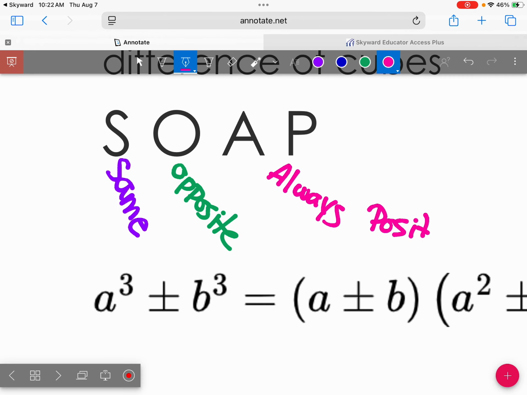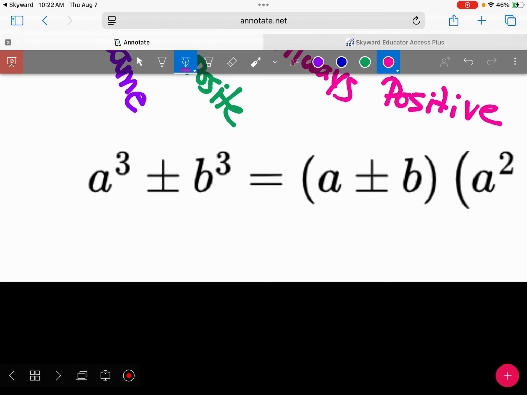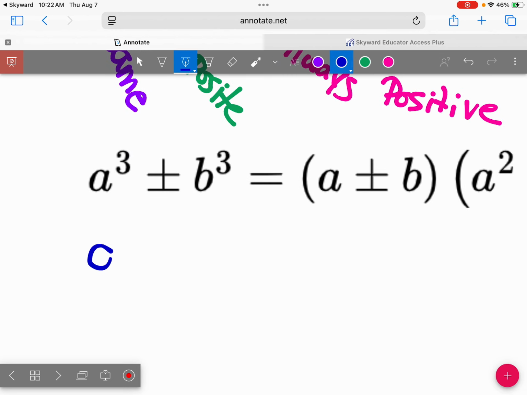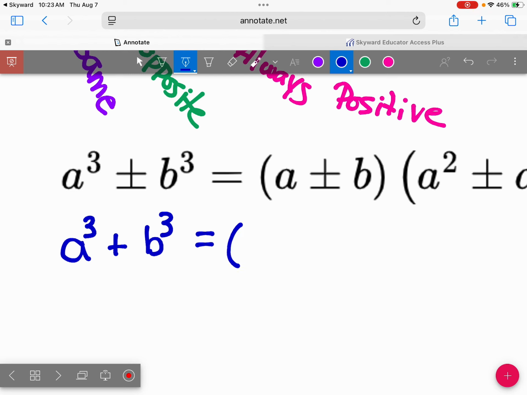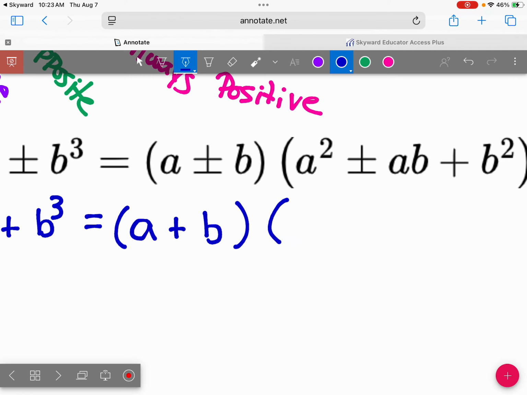If it helps you to write these out separately, that is totally valid. If you have A cubed plus B cubed, when we're writing out these factors, it's always going to be the single factor first. So we have our A with the same sign, plus B. Then it's the first piece squared, A squared.